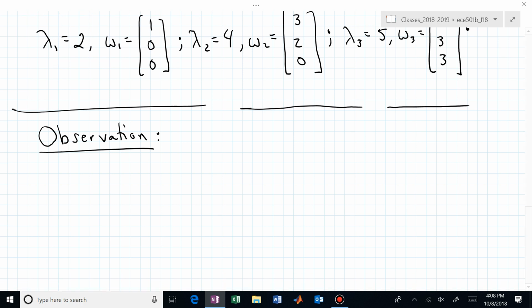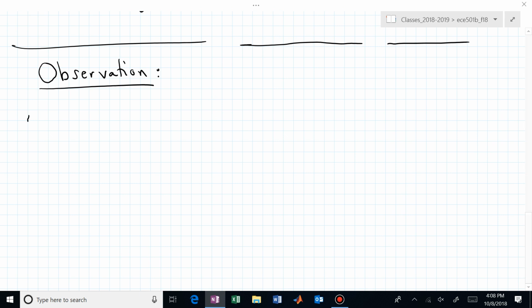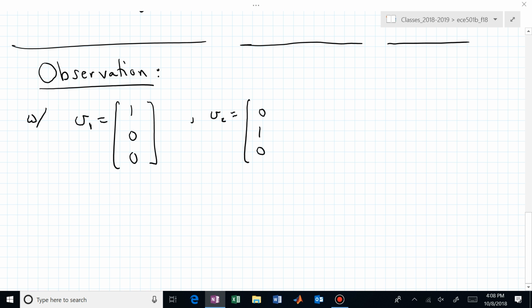So let's observe what happens when we have a vector v1, and let's say that that's actually going to just be one of the standard basis vectors in R3, and let's let v2 be the corresponding second standard basis, and v sub 3 the other.